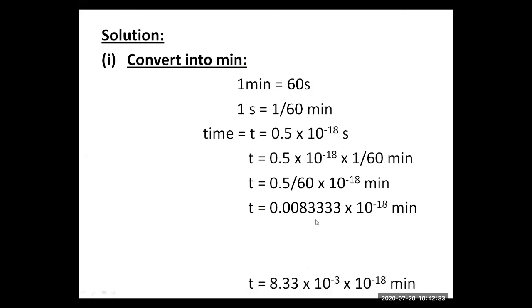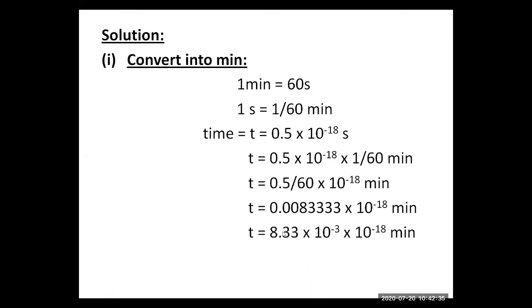So we write 8.3333, and when we are shifting the point from left to right, then the power will be negative. However many digits we shift the decimal, that will become the power. Here we have shifted the decimal after 3 digits, so the power of 10 will be 3, and the minus sign means the decimal is shifting from left to right, so it will become negative.